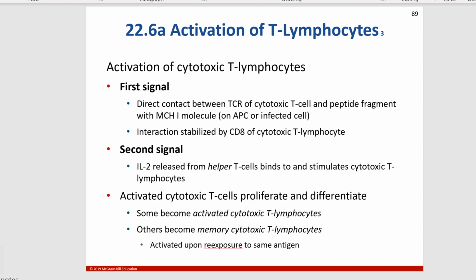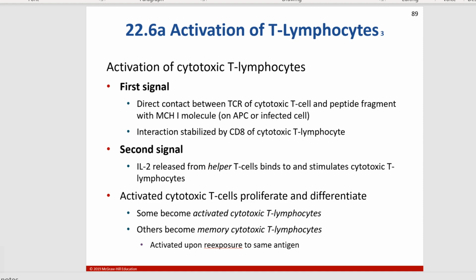Again, there's the first signal, direct contact. For cytotoxic T cells, it's direct contact of the T cell receptors on the MHC 1 molecule, stabilized by CD8. So if it's a cytotoxic T lymphocyte, it will recognize the antigen there, on the CD8 signal.